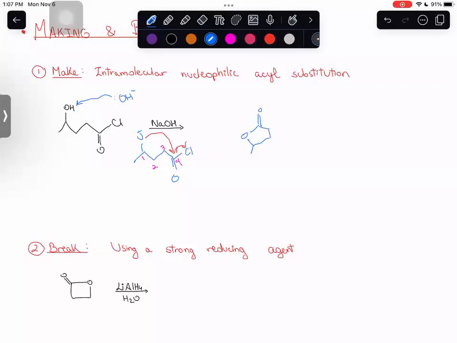Tertiary, no. Secondary, yes. Did you write out whatever? Volunteer to show me the mechanism for this one. Okay, show me the shortcut. Show me what the product is going to be.